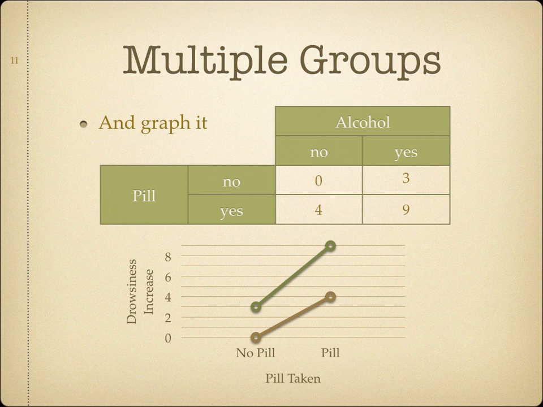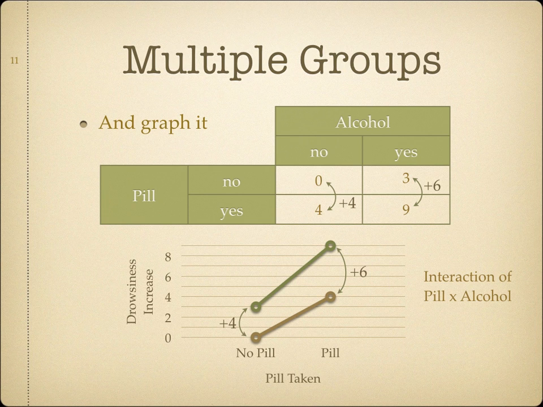And then we've got the interaction of pill by alcohol. This is where it gets a little bit interesting, and we want to be very careful how we talk about it. We notice first that in the no alcohol condition, the increase in drowsiness from no pill to yes pill is plus 4 points. And that in the yes alcohol condition, the increase in drowsiness from no pill to yes pill is 6 points.